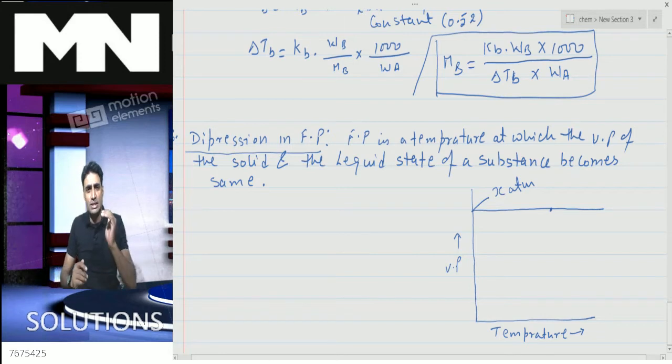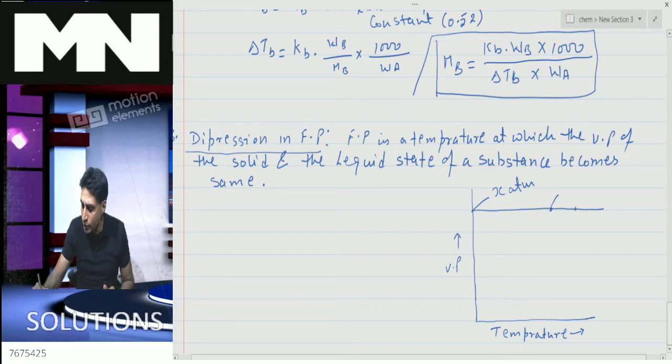Now, this is the vapor pressure of pure water. If I add some sodium chloride into that, its vapor pressure will decrease. But if I'm saying that both of them have got the same vapor pressure, that means water plus sodium chloride is at higher temperature. I have heated water plus NaCl. That's why the vapor pressure has increased and ultimately it has become equal to that of pure water. So on this axis, this is any pressure, X atmosphere. I have got pure water which has got this pressure, and I have got water plus NaCl which again has got this pressure. That means water plus NaCl will be at higher temperature.